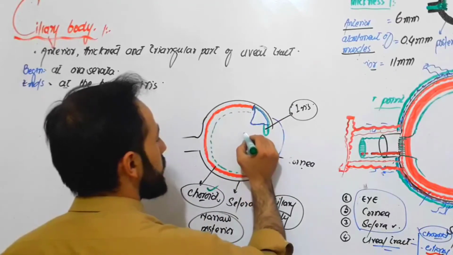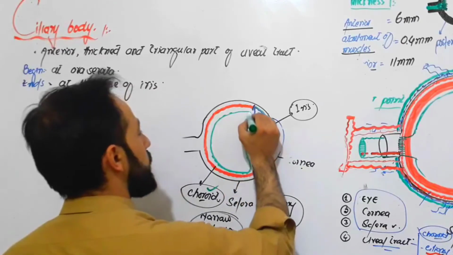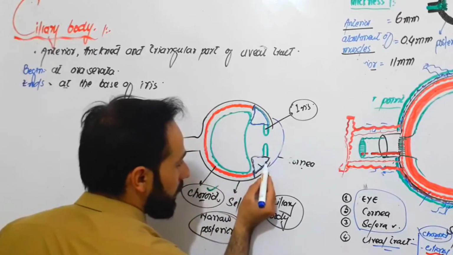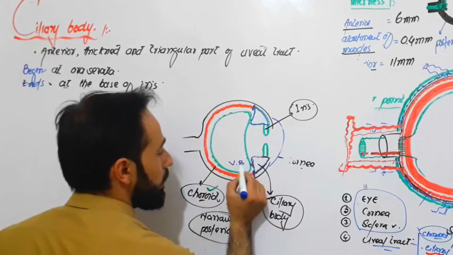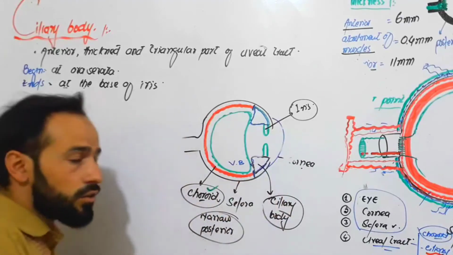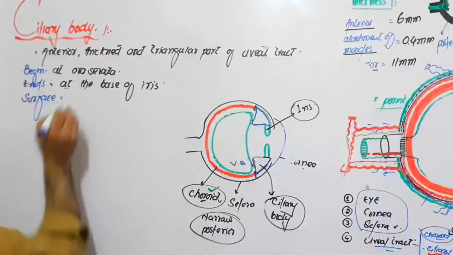So here is your vitreous chamber or vitreal body, right? So this surface of this ciliary body is in contact with the vitreous body and this outer surface is in contact with your sclera. So we say that it has two surfaces, right?